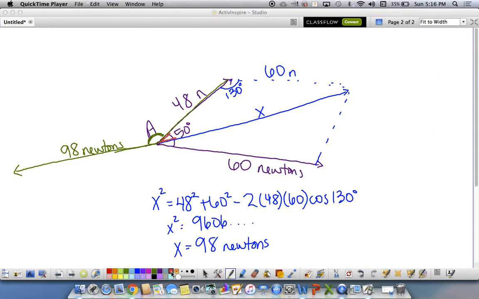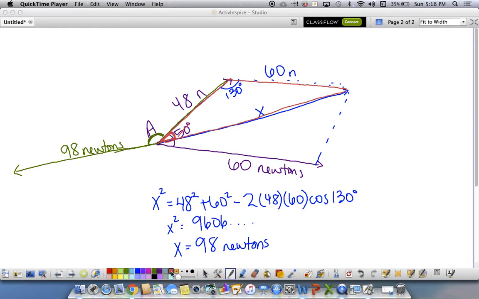Did that resultant vector split this 50-degree angle in half? No, it didn't. So I'm going to have to figure out how I can find this, because we know this green line going to that blue line is 180 degrees, right?